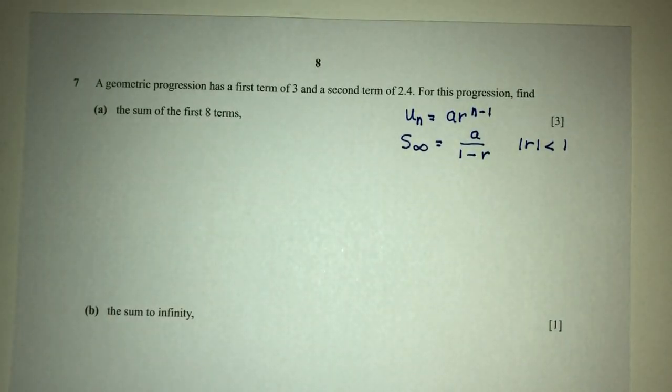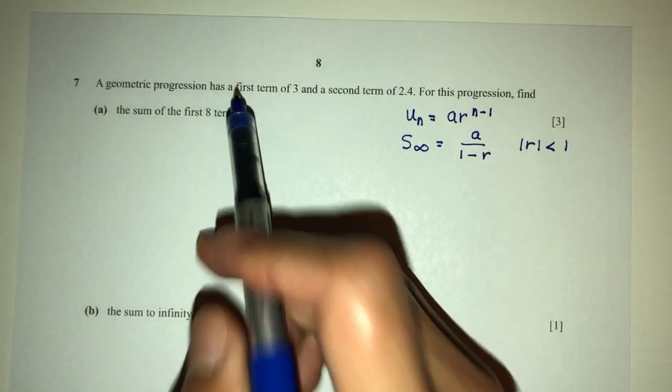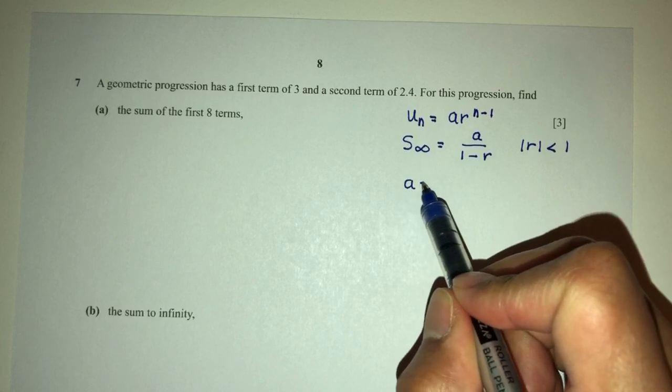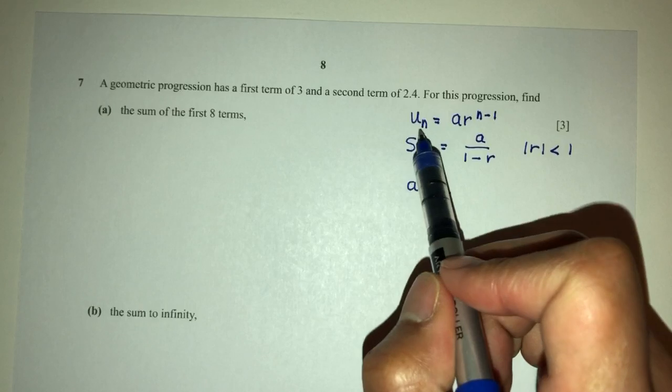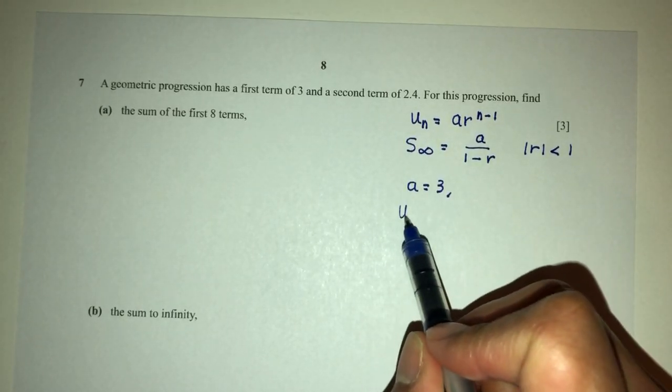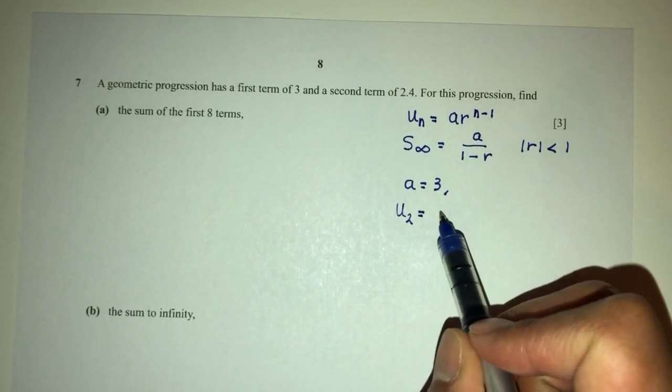Now we have the formula. We can proceed with the question one by one. Now, the first term is a. We know this, a is given to be 3. And the second term, which is n equal to 2, u2 is 2.4.